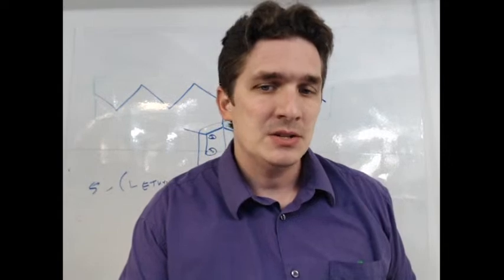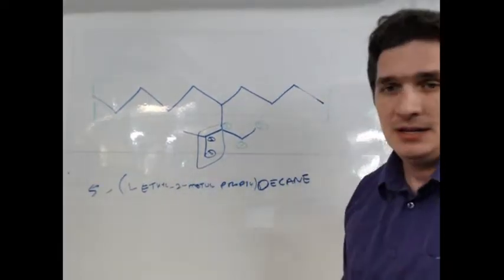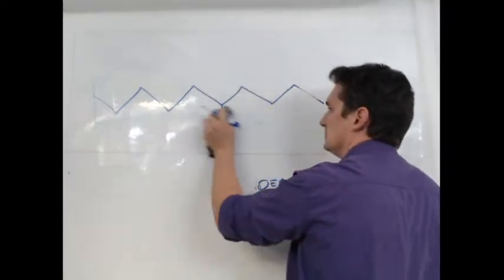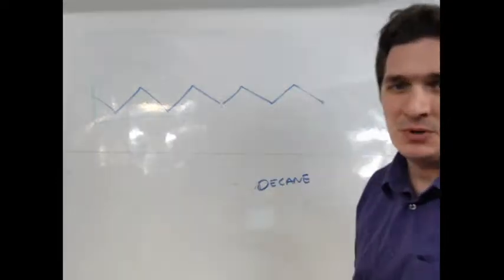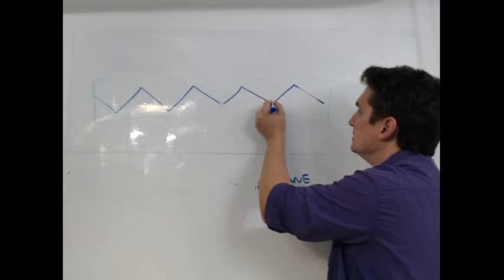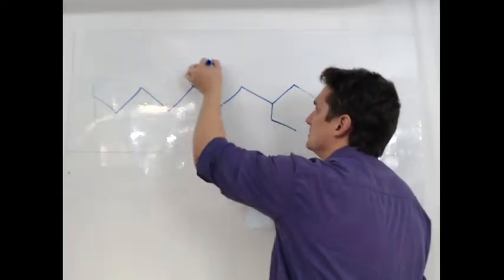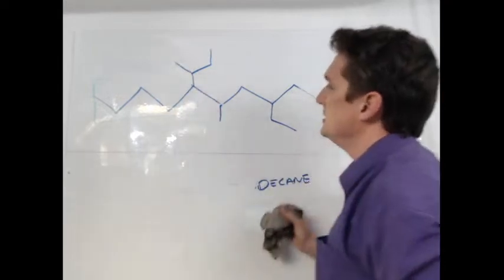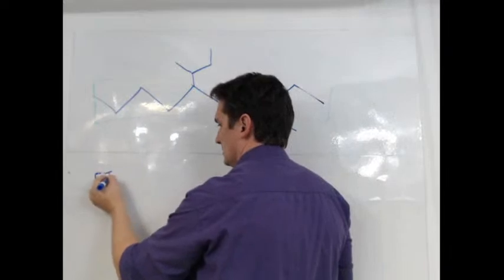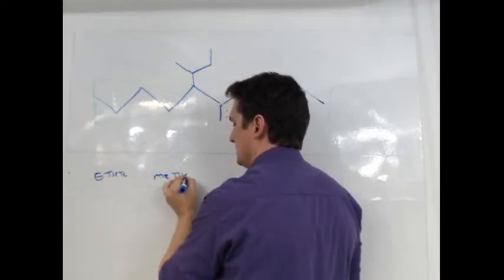The one beneath it is going to follow the same reasoning. These are both decane chains. And I had to pick decane because it pretty much guaranteed you were never going to find a longer chain. So again, decane's our parent chain. We have an ethyl, methyl.